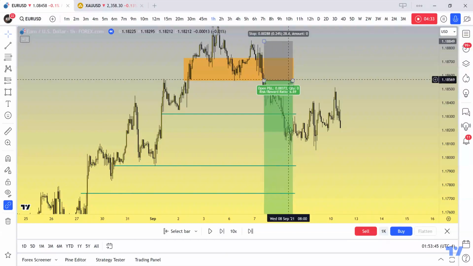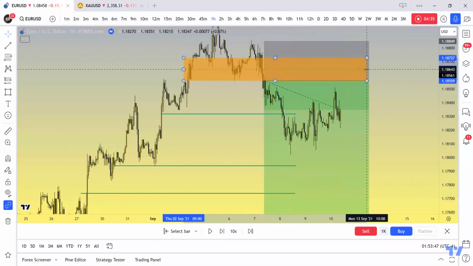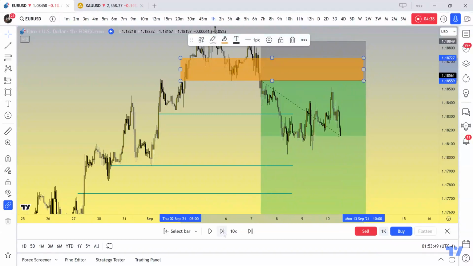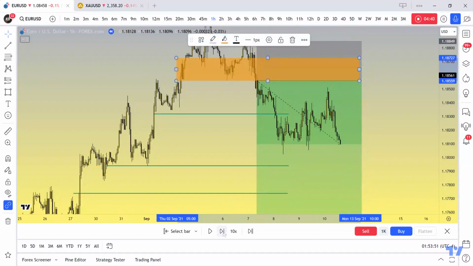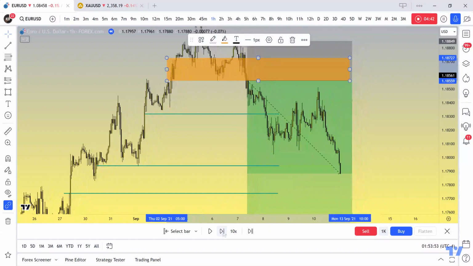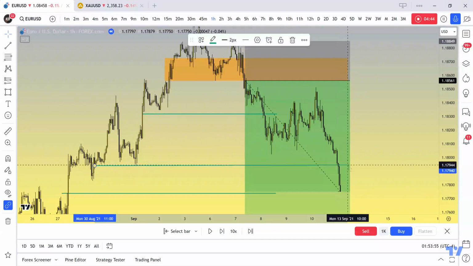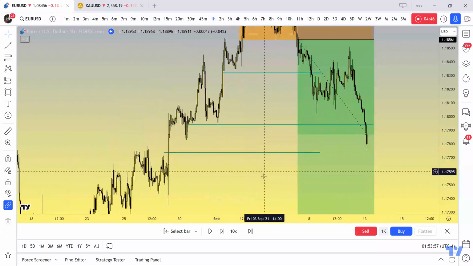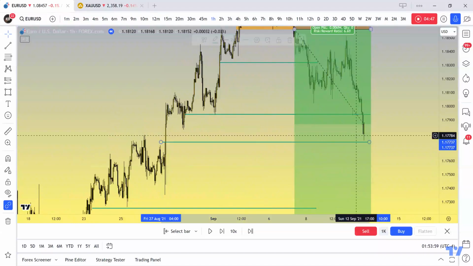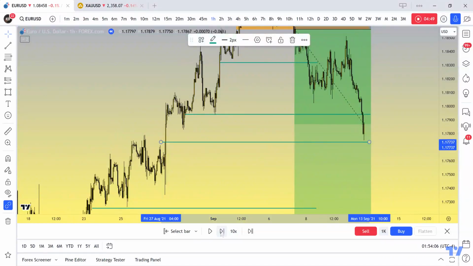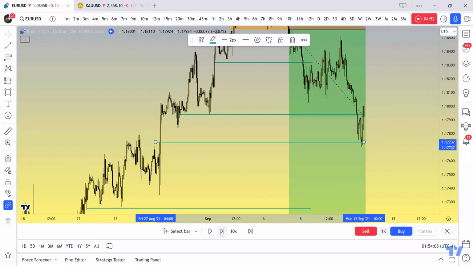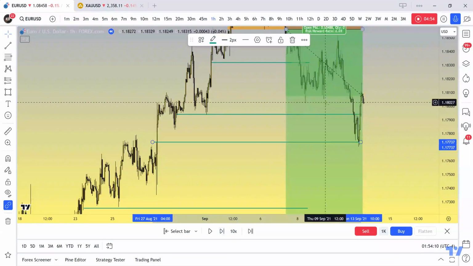Consolidation. Okay, second target hit. All right, so let's fast forward a bit. Okay, third target hit.